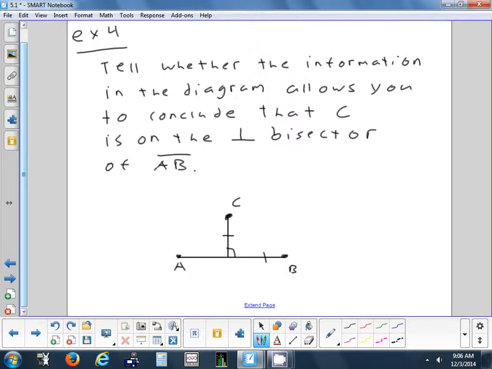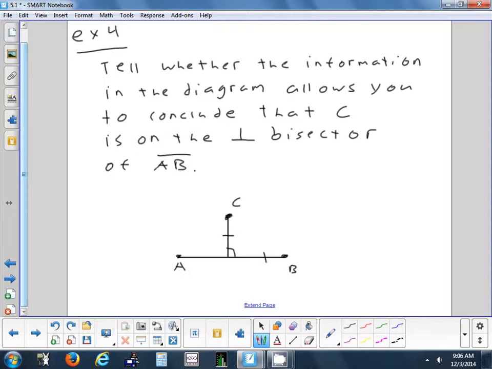Anybody think you do? I definitely can prove that C is on a segment that's perpendicular to AB. That's given. Now, Connor said that I've got to know AC and BC are the same.